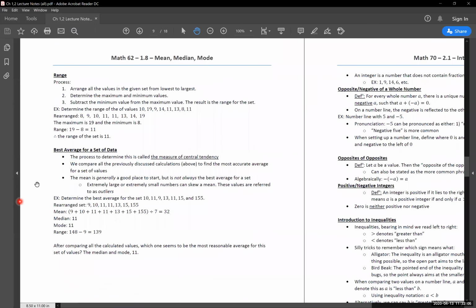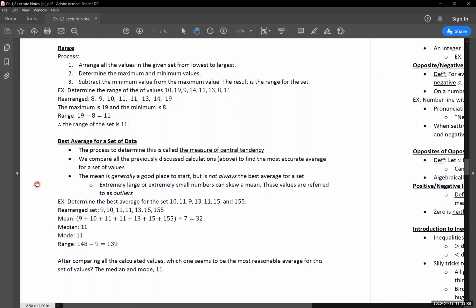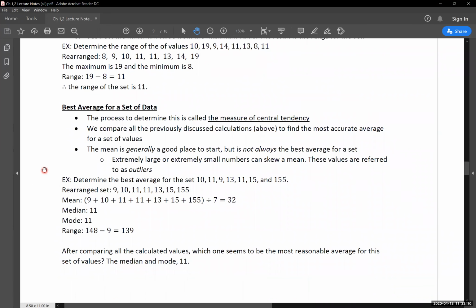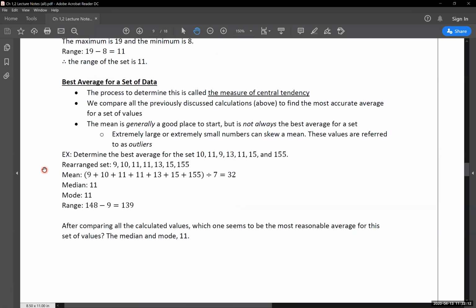Now I'm going to go through more of the rationale as to why we go through this process, which I think is really nice to see. The larger picture, as it were, of all this. The idea behind why we go through these is related back to statistics. A lot of it is trying to determine what is the best average for a set of data. And right now, I don't know if anyone is looking into any of the data that's coming out about the coronavirus, but this is a very interesting time from the standpoint of data collection, how data is being monitored, tracked, and analyzed.